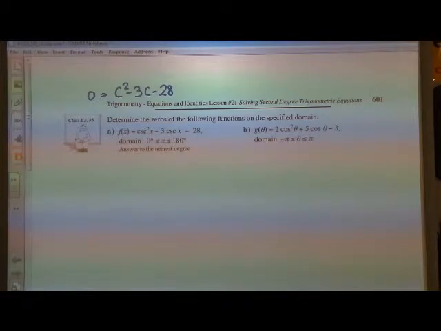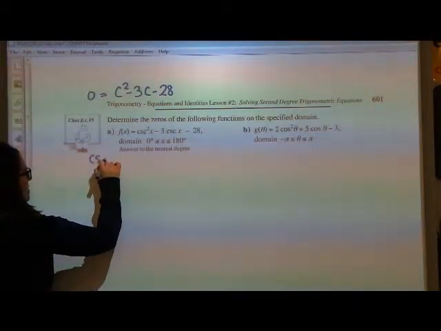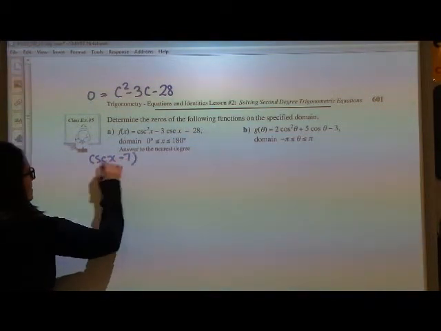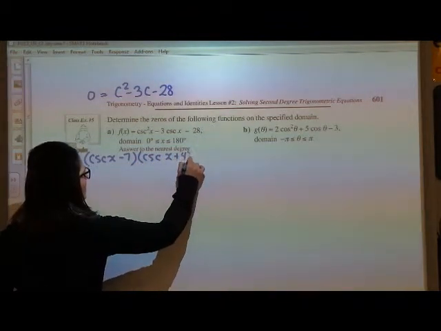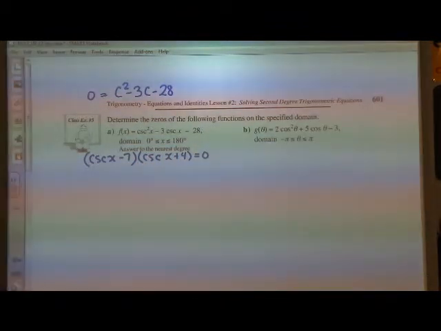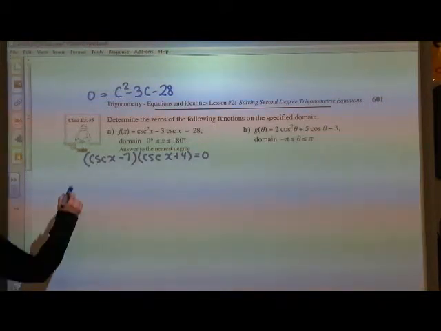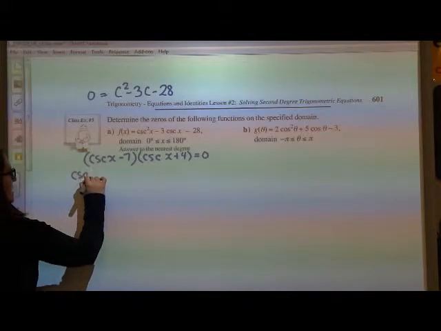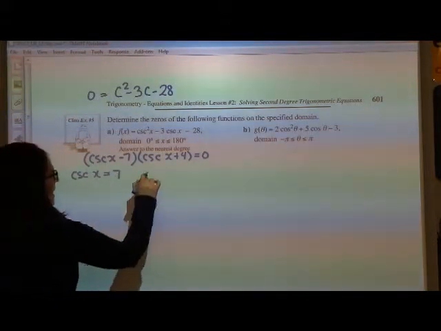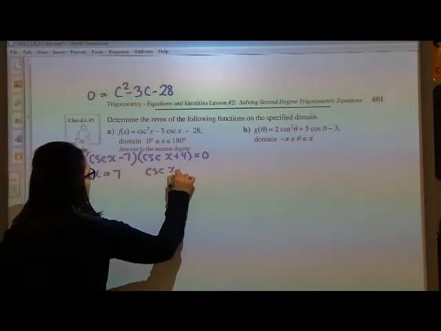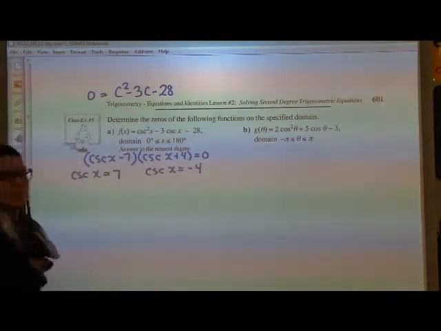Negative 7 and 4. So then I have cosecant x minus 7 and cosecant x plus 4. So then I've got cosecant x equals 7 and cosecant x equals negative 4.